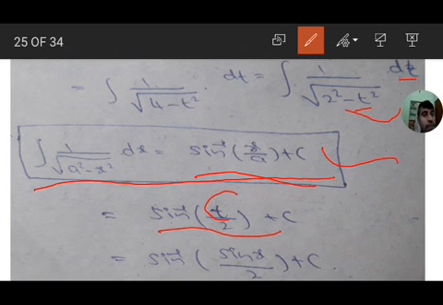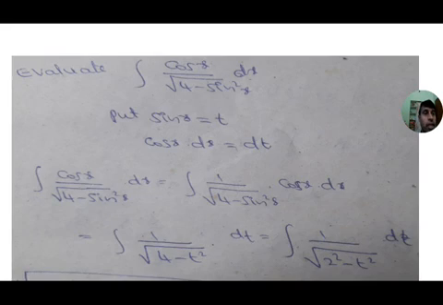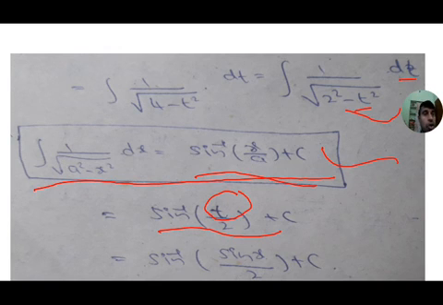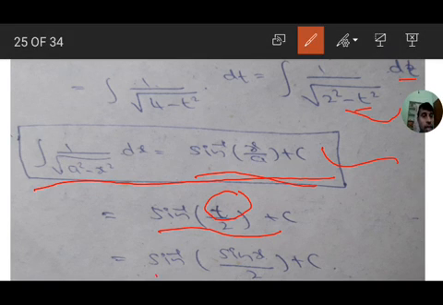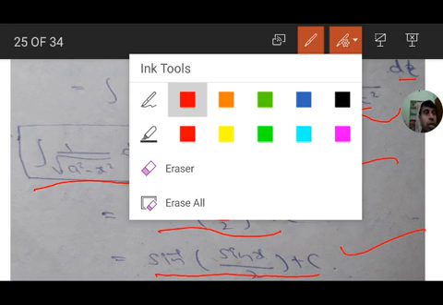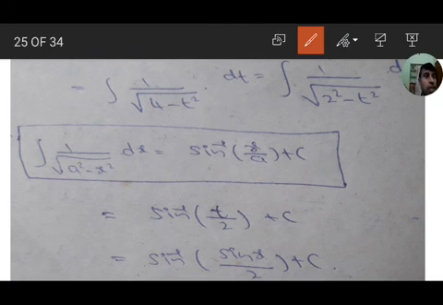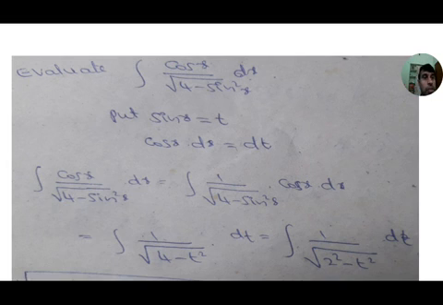So what is the t value? Substitute the t value also. t is sin x. So substitute t value: sin inverse of sin x by 2 plus c is the answer. So here directly it is not in the standard form, but we are substituting sin x equal to t, differentiating, that is cos x dx equal to dt.